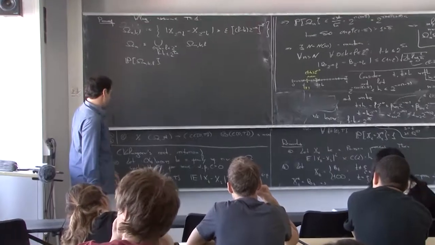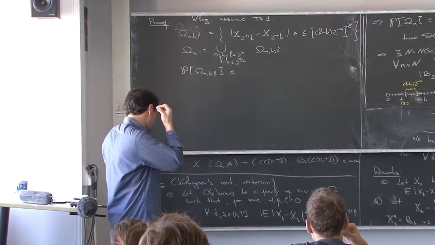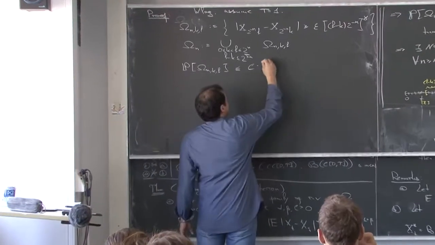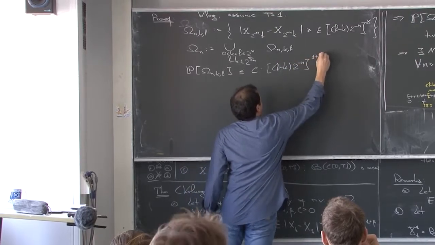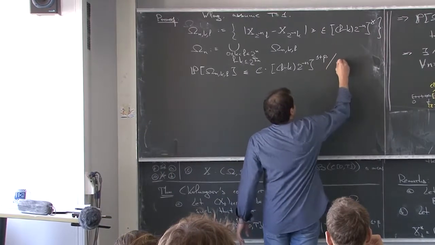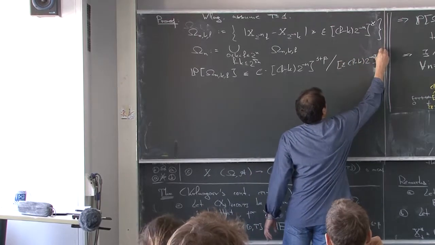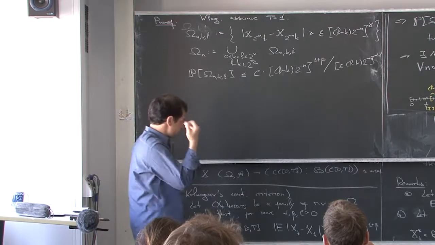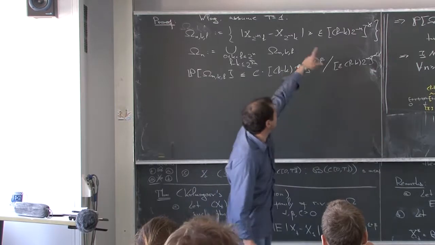This happened. So what's this? It is less than some constant (l minus k) 2^-n to the 1 plus beta, over epsilon (l minus k) 2^-n to the alpha gamma, right? So here is the alpha's moment, and here is the bound.